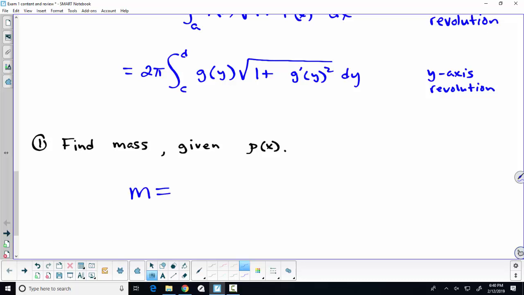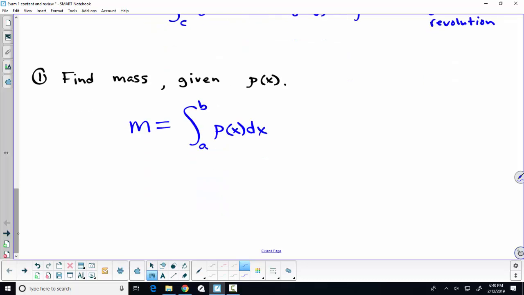It'd be a density function. Yeah. So density times our little length there, sum all that up, we get mass. Okay.